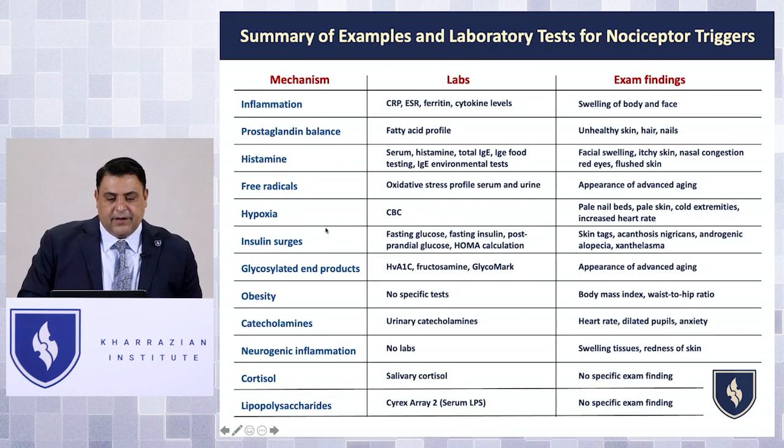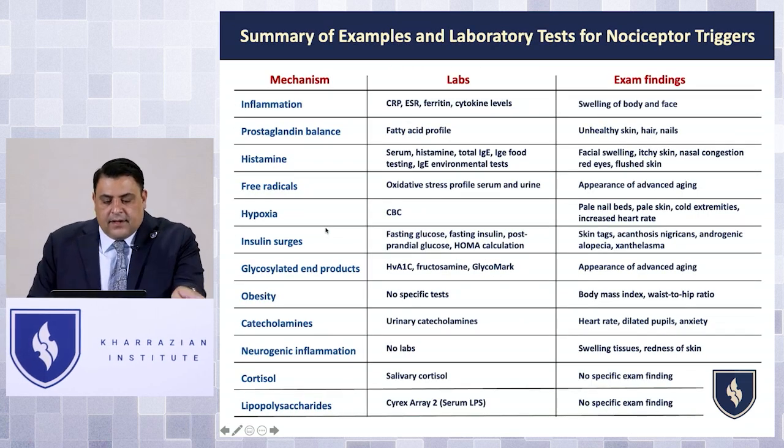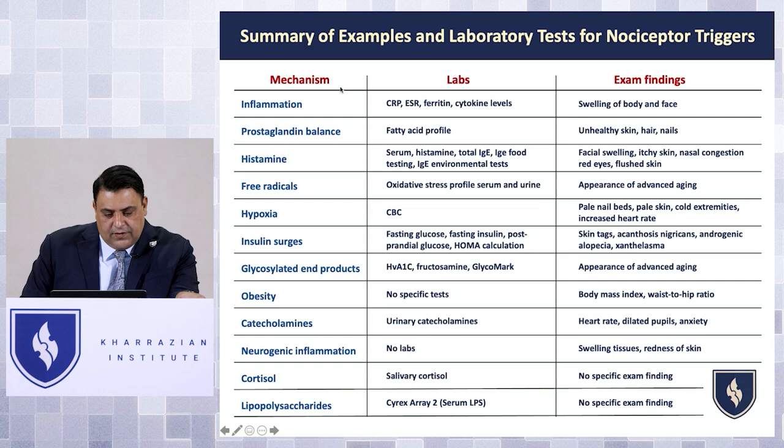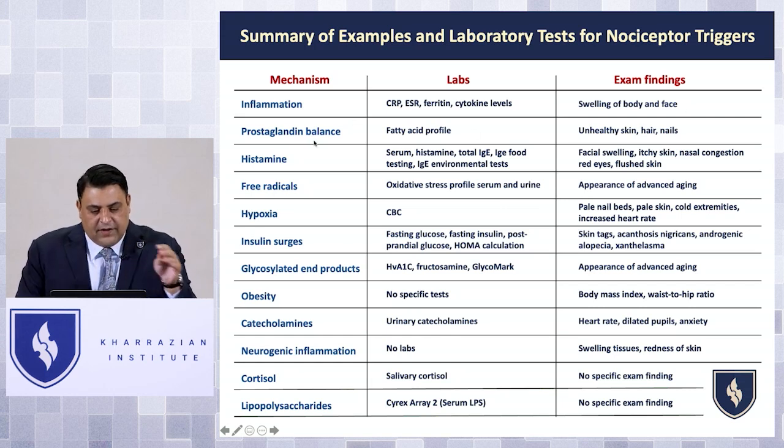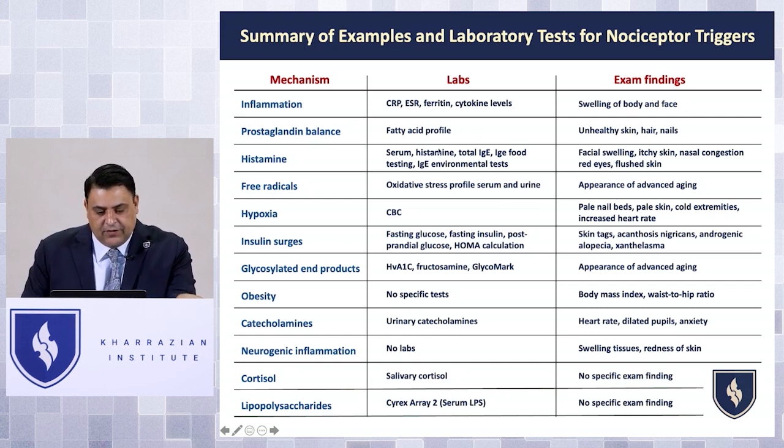And then I made you another diagram that instead of the clinical signs and symptoms, it goes into labs and exam findings. So for inflammation, CRP, ESR, ferritin, cytokine levels, swelling of the body and face would be your exam finding clues. Prostaglandin imbalances, you can run an essential fatty acid profile. And then unhealthy skin, hair, and nails could be clues to you what's going on.